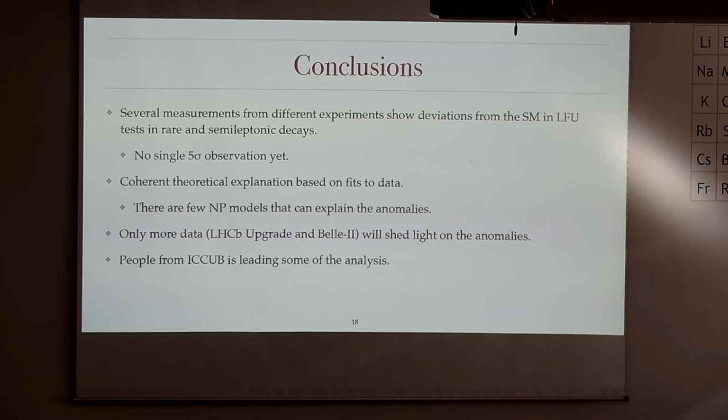But the point is that if suddenly you see a 5 sigma observation, but all the other measurements suddenly become consistent with the standard model, I would say you are in a worse place. Yes. So in that particular scenario, a 5 sigma observation is worse than 10 4 sigma observations.